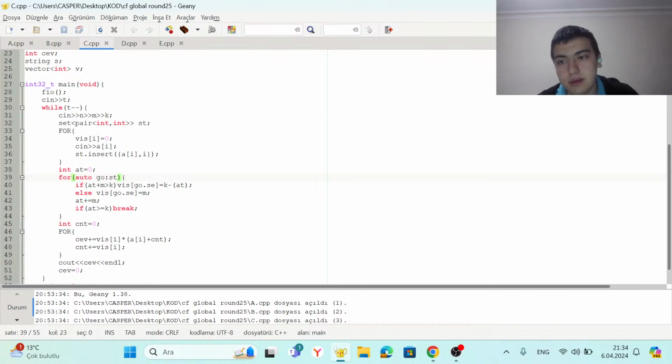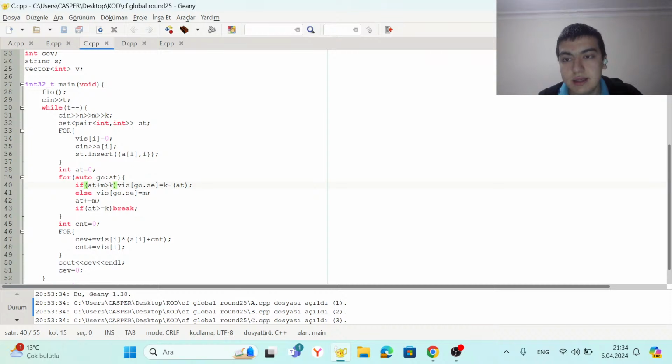This is the thing I want, because I want to first buy the smallest ticket, then the second smallest ticket, and so on.